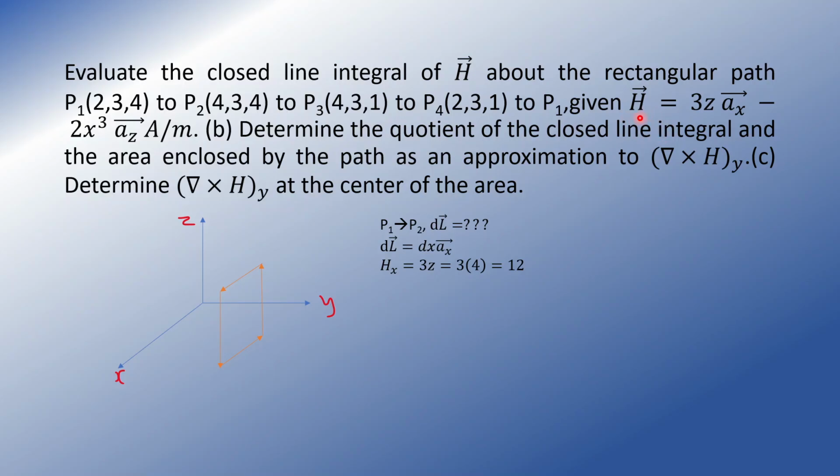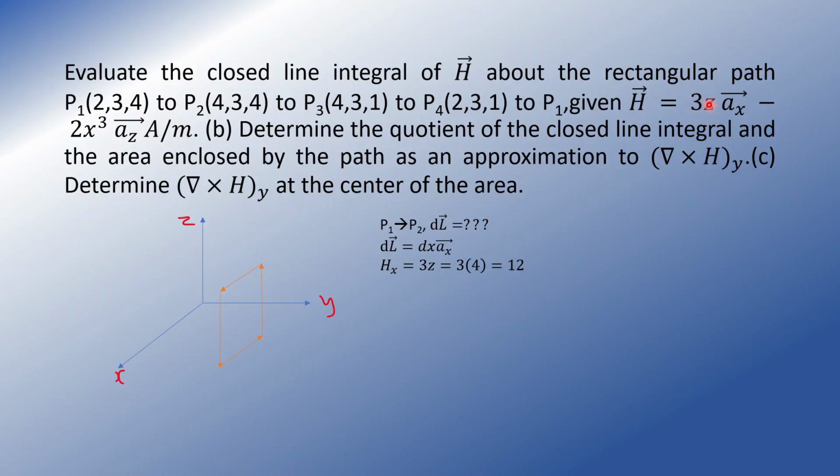Since the H equation is given here, it contains an Hx term, which is 3z, and an Hz term, which is 2x cubed. The Hy term is not present. The direction is shown here. Now the path is in the x direction only, so of the H vector we have to take only the Hx component, which is 3z.